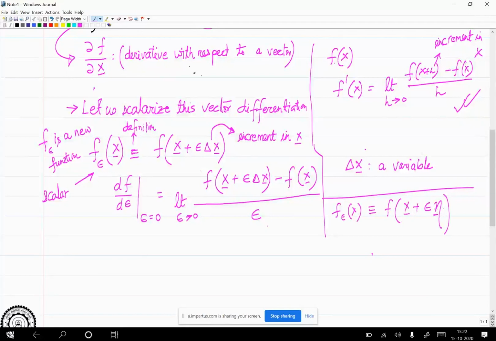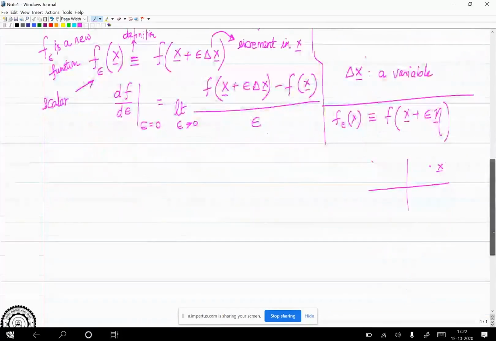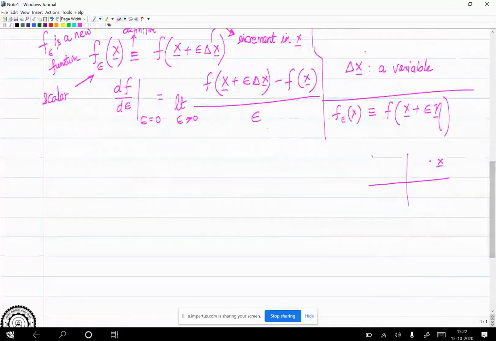So think of, for example, a 2D plane, and then we have x here. Okay. Now, what is del f by del x1? Okay, I think I have to go to a more basic thing. Let me do it more nicely because you guys have asked this question.